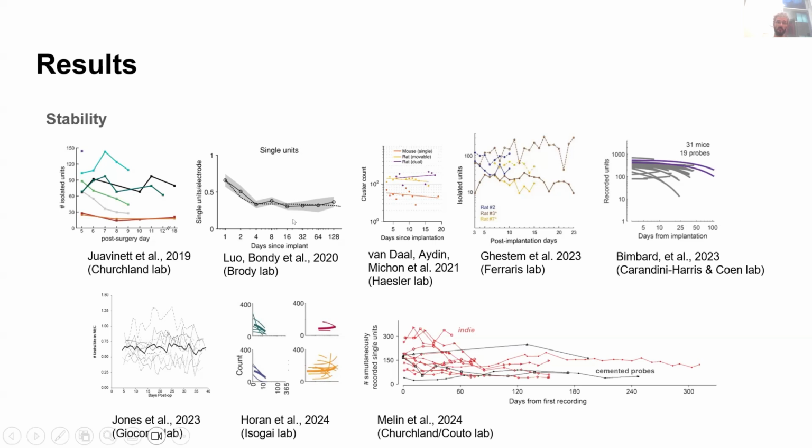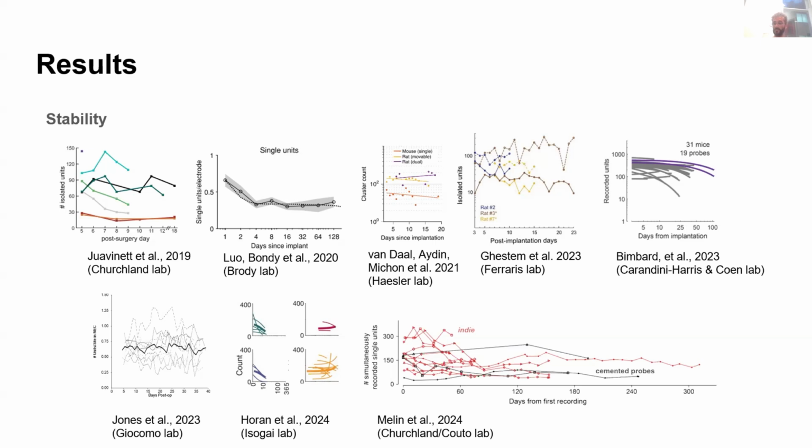But sometimes you can start with very few neurons and then they appear. Sometimes it's stable throughout, like these recordings. You can record for a very long time, like these ones. So it varies a lot depending on the implant, but I would say that the inter-implant variability is overwhelmed by the inter-mouse variability. Usually it's very variable across animals.